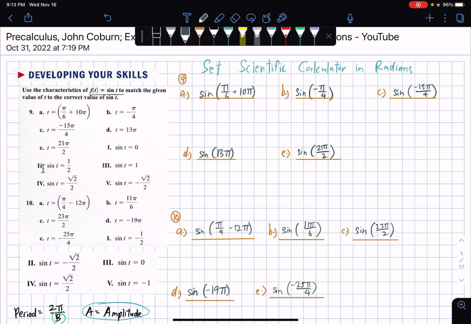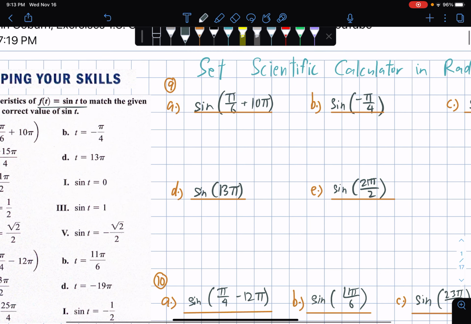For letter A, just put in the calculator input pi over 6 plus 10 pi. What you eventually get is sine t equals 1/2.